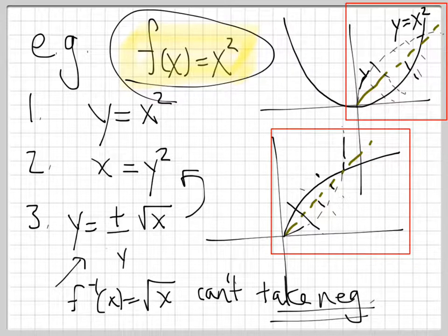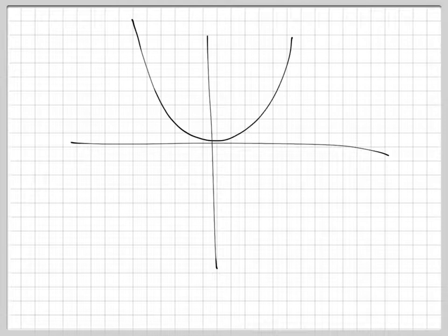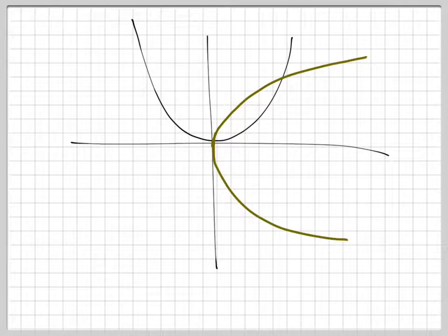And so y equals radical x and y equals negative radical x work, but if you try to graph both at the same time, if this is the original function, and you just flip it, here is the inverse. There's x squared, here's radical x, there's negative radical x.